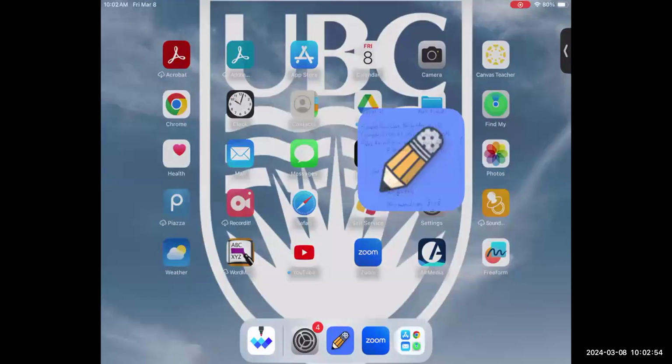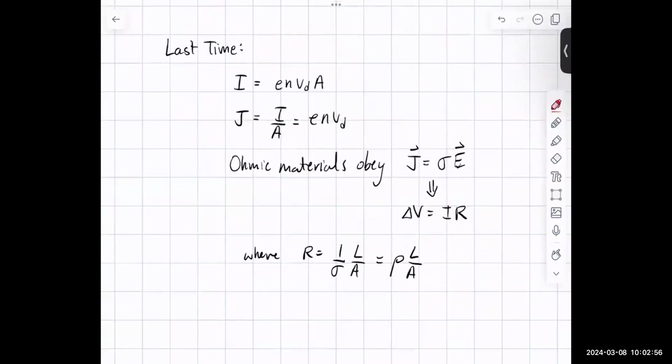Okay, good. So what we spent time on last class was talking about more of a microscopic picture of current in a conductor, and we expressed the current and the current density in terms of a drift velocity and the number of particles per unit volume.